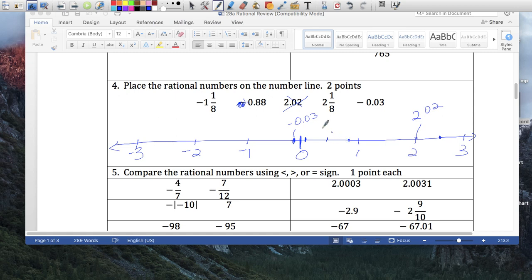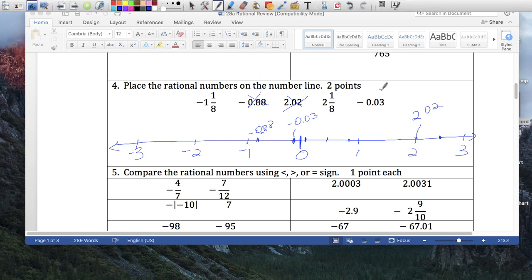And 88 negative is going to be the same distance away from 0, but just on the other side. So about here. Here's your negative 0.88. So you can use that trick to find negative numbers. Pretty sure you can find positive numbers. Just find the positive numbers and then locate the negative on the other side, exactly equally distant away from 0. So here's 0, negative 0.88.